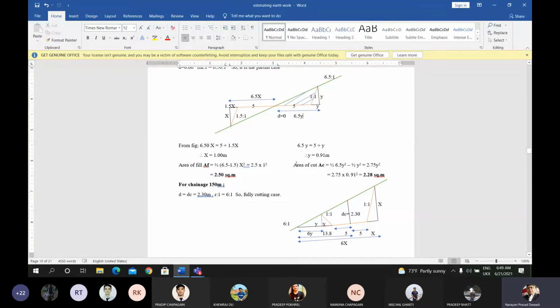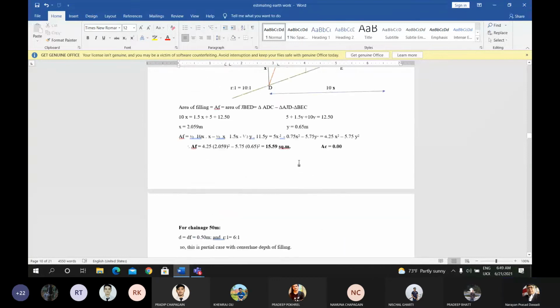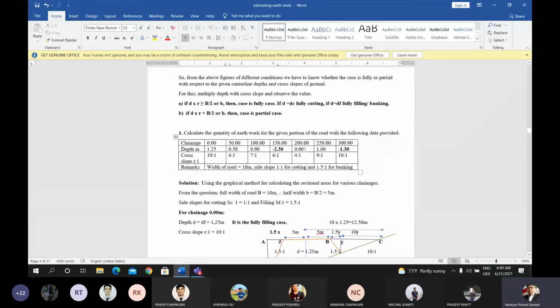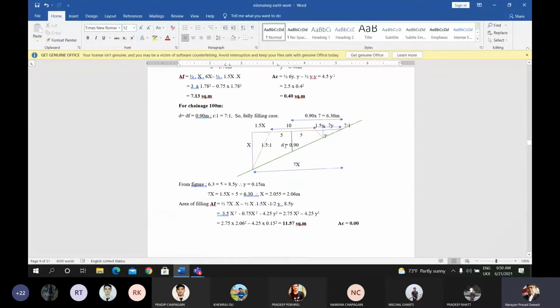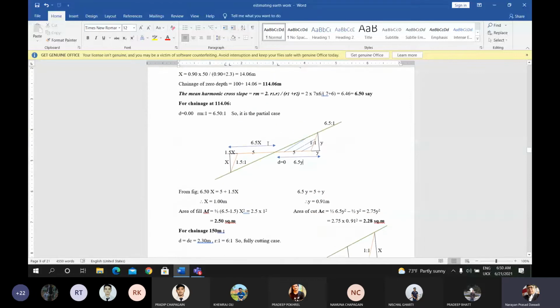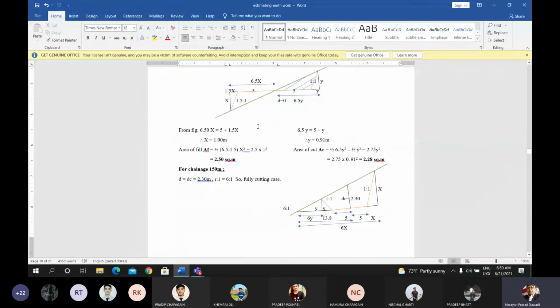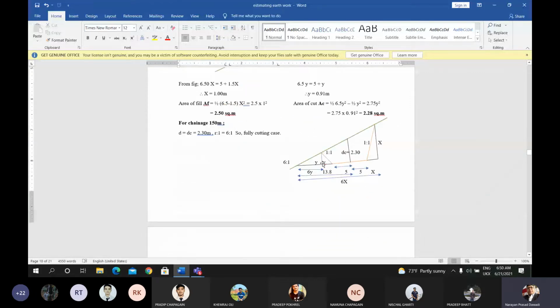Now for chainage 150 meter, there is a cutting depth, and this is a fully cutting case. The R value is 6, the depth of cutting is 2.3, and the section at chainage 150 meter is fully cutting. This red area is the fully cutting area.